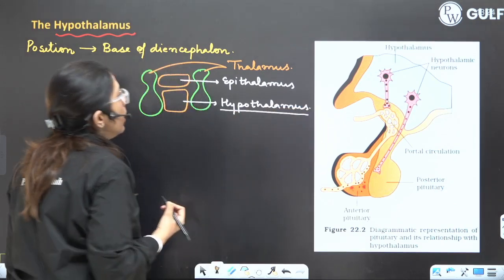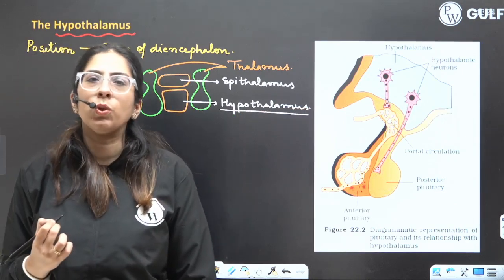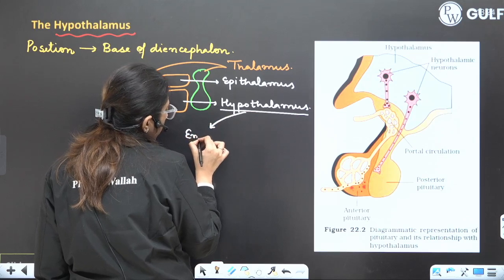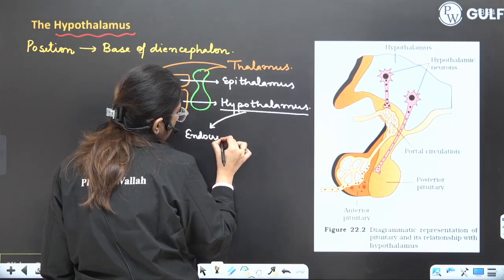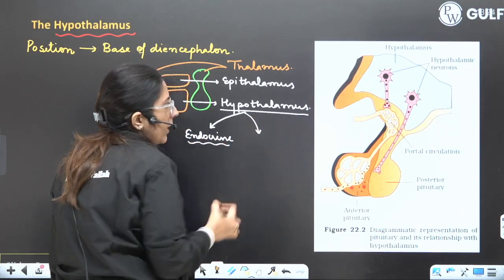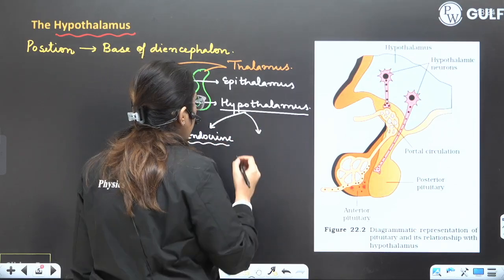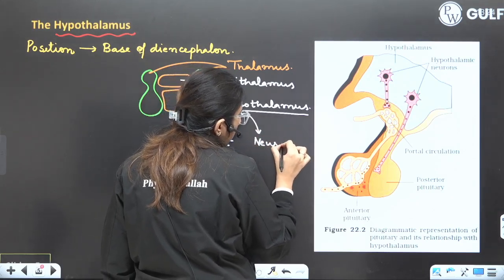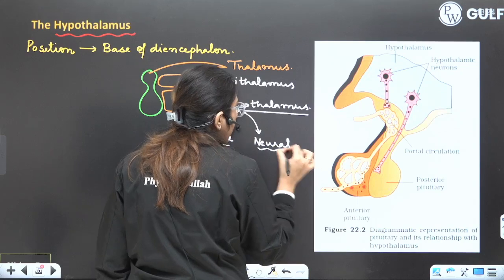Hypothalamus. Right? This hypothalamus has two roles. First is the endocrine, because as you know, it is included in this chapter. And the second one is, along with the endocrine, this hypothalamus is also neural in nature. Neural means it coordinates the various activities in our body.